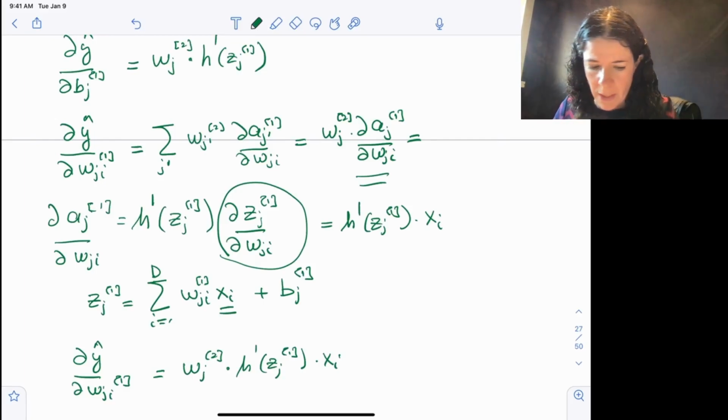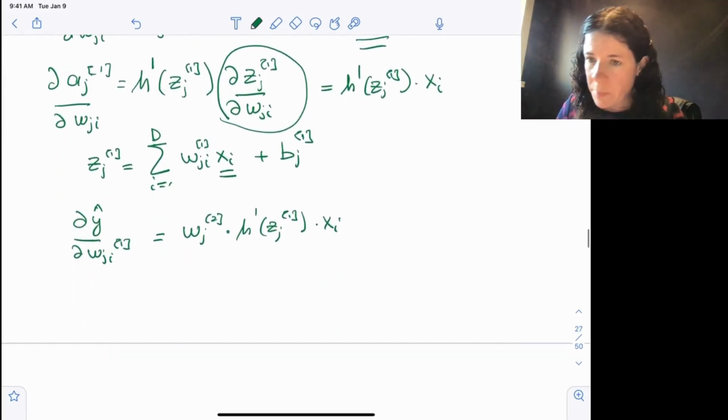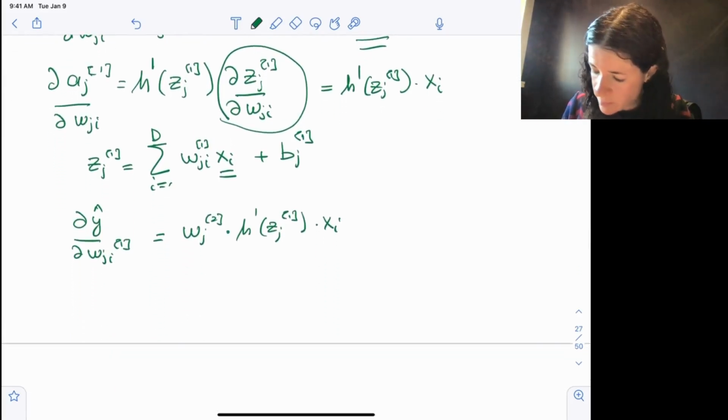Right now it's time to put all this together. If we go back and look at what we had before, I'm just going to write one of them because the others are going to be very similar.